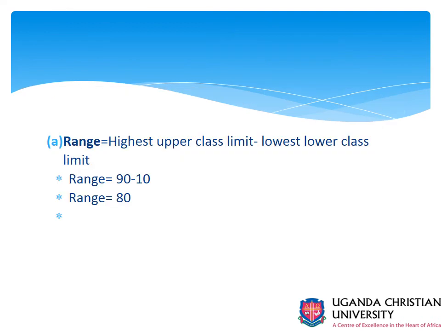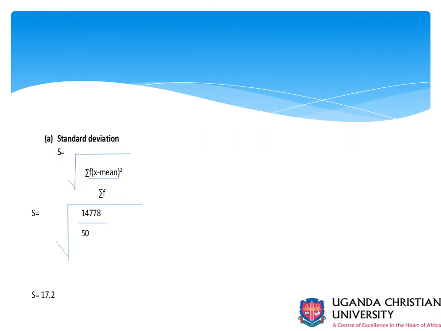So how do we find the standard deviation? We have the sum of the frequency times the squared deviations, and then we divide by the sum of the observations.